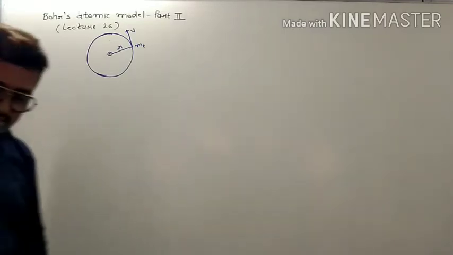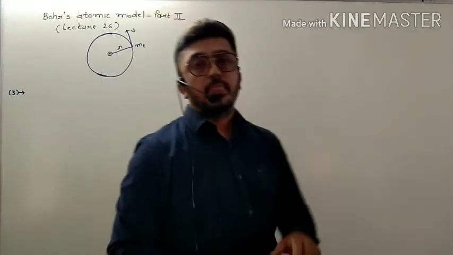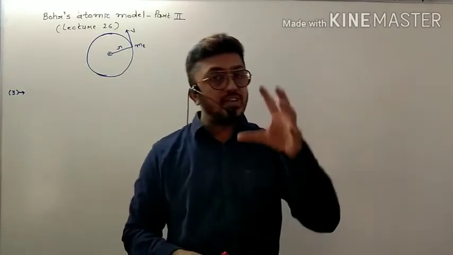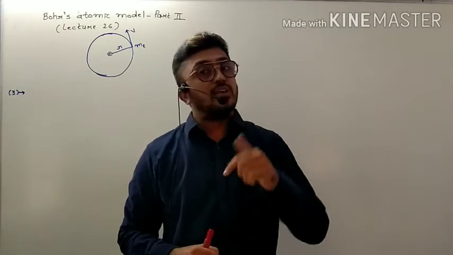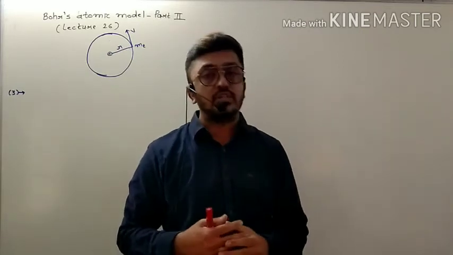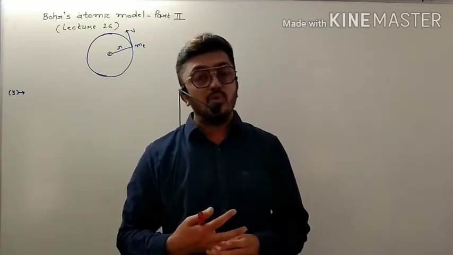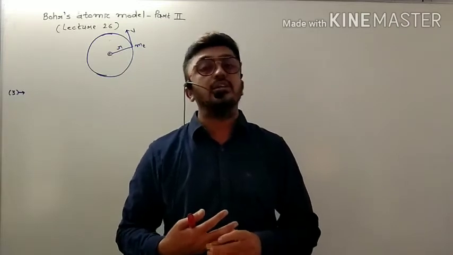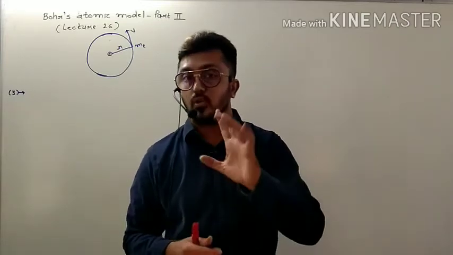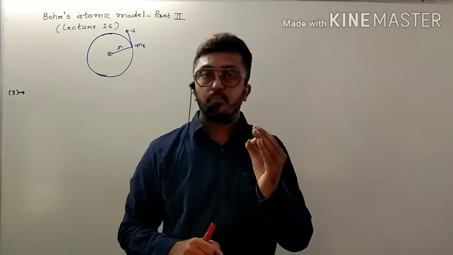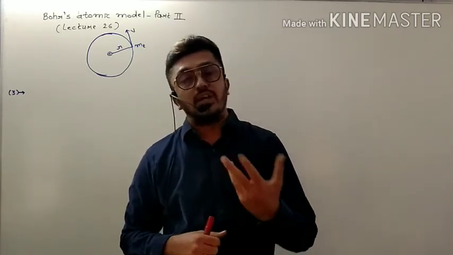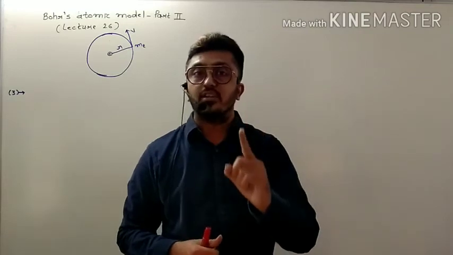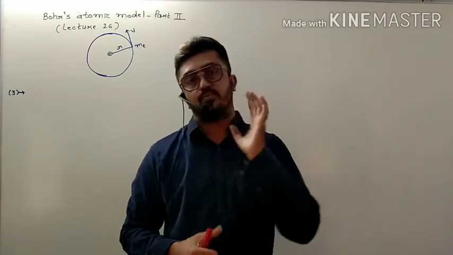Just imagine, students, the electron has mass and velocity, since it moves around the nucleus. So the electron has mass and velocity, that means it has momentum.